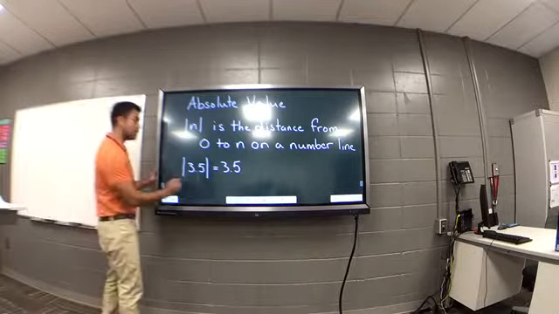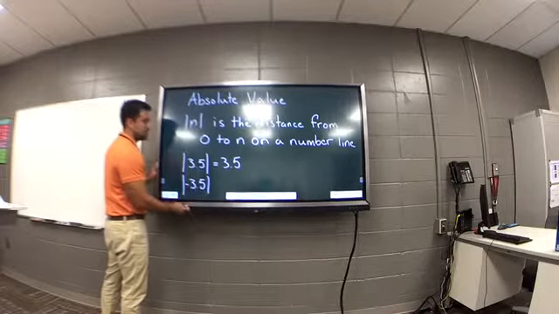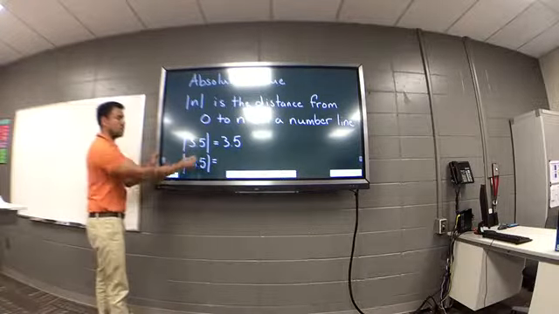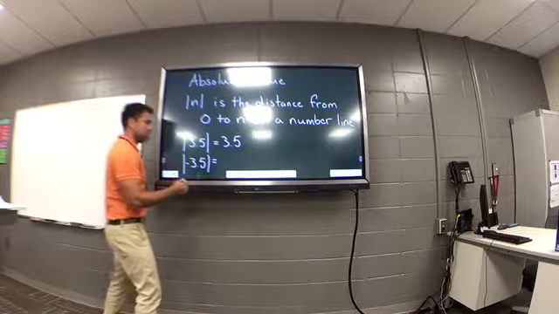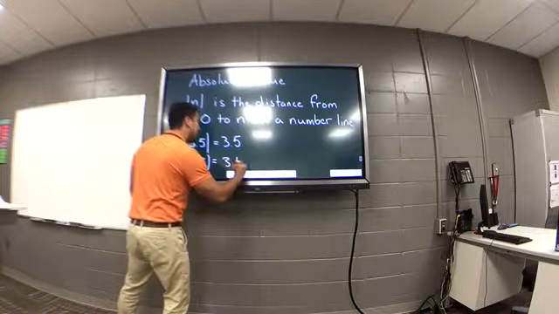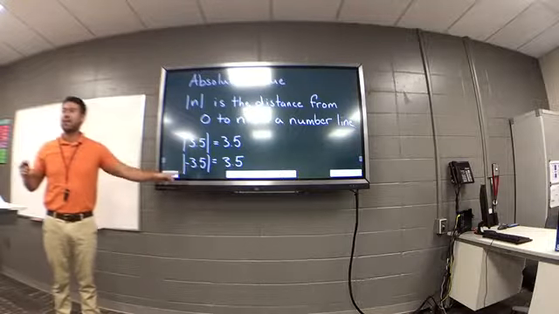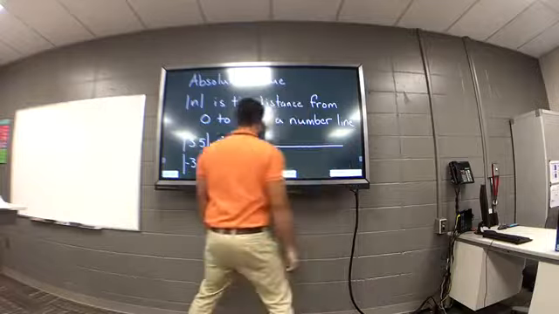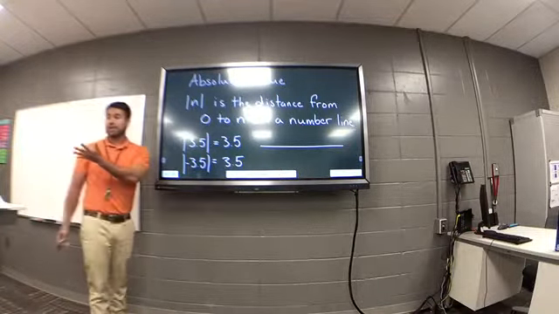Does anyone know what the absolute value of negative 3.5 is? It's 3.5. What? Wait, that's positive, that's negative. Yes, ma'am? Is there ever a situation that the negative sign would be on the outside of the absolute value? Yes. Oh, yeah. And we'll have to get to that in just a moment.